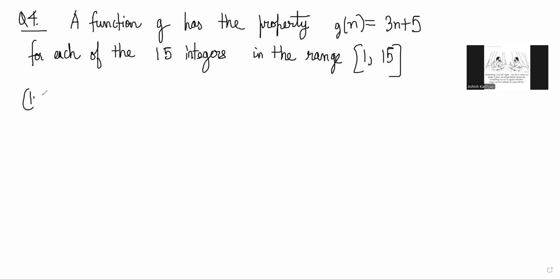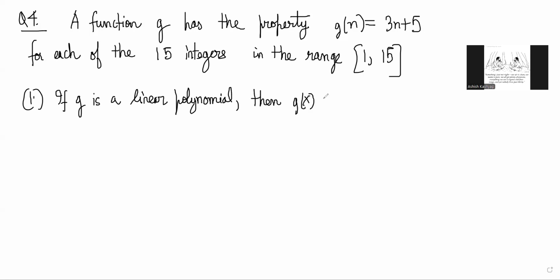Which statement is true? So the statements are: if g is a linear polynomial, then g of x is 3x plus 5. Statement 2 is g cannot be a polynomial of degree 10.